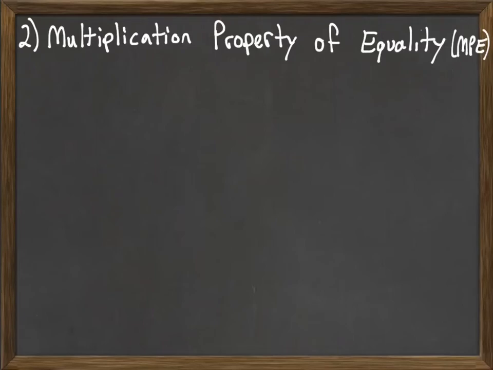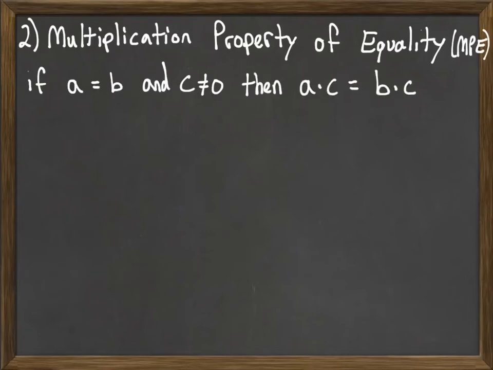The multiplication property allows us to do whatever it is those little Oompa Loompas do. And it says that if you have an equation and something that's not 0, then you can multiply or divide both sides of the equation by that number. Of course, multiplying by 0 would kill your equation. That's why it's left out. Dividing by 0 is something we can't do.